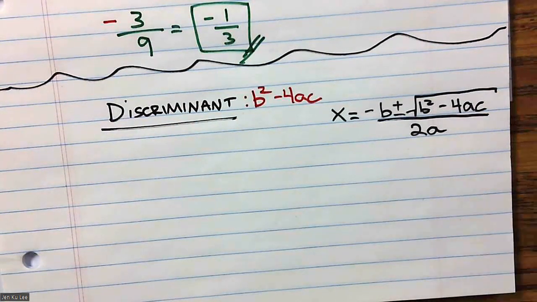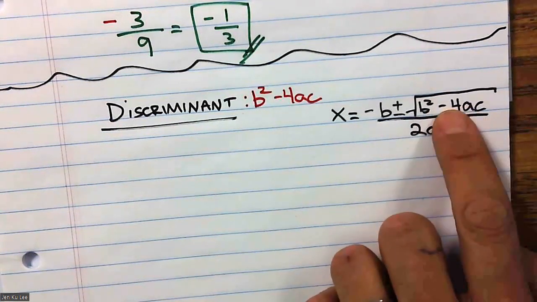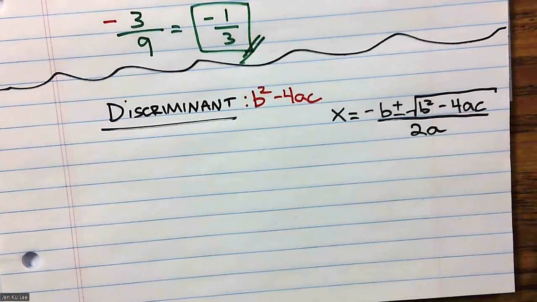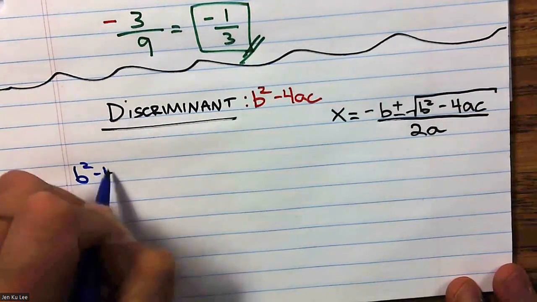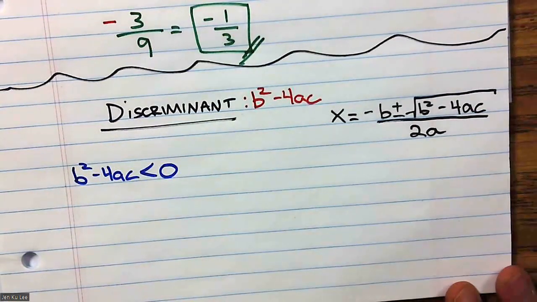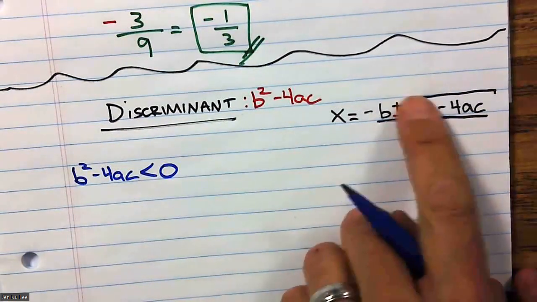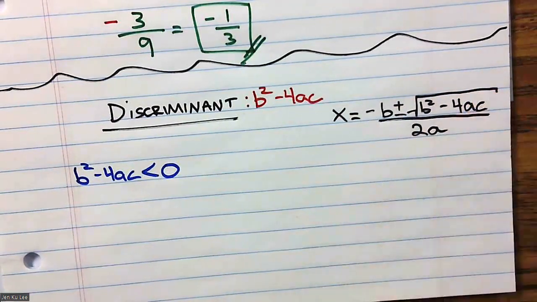Do you guys remember us talking about if b squared minus 4ac is a negative number, right? Remember module 9, where a negative square root would be 0 real solutions, right?